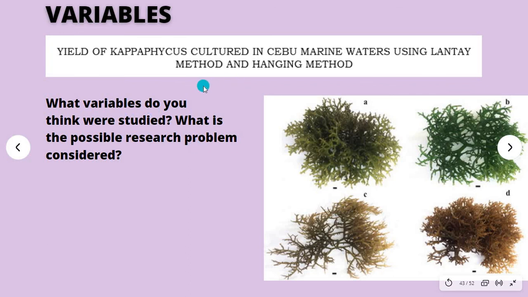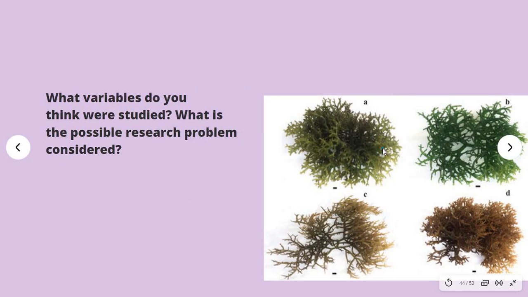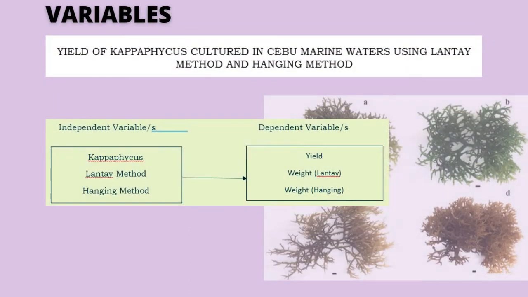So as mentioned earlier, the independent variables are your species, Kappaphycus, and the type of method, lantay method and hanging method. Then the dependent variable is the yield, the weight. Okay? So these are the predicting variable and the outcome variable.